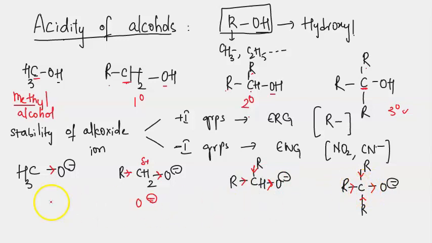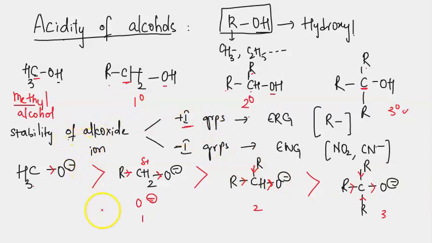So as the number of releasing groups increases, here only a methyl group is there, here one R group, here two R groups, here three R groups. As the electron-releasing groups increase, what happens to the stability of the alkoxide ion? It decreases. So this is the decreasing order of stability of the alkoxide ion in these alcohols. Hence, as plus I groups increase, what happens to the stability?